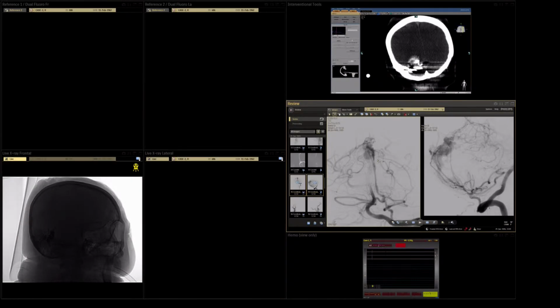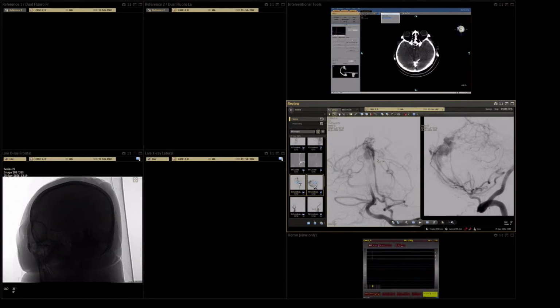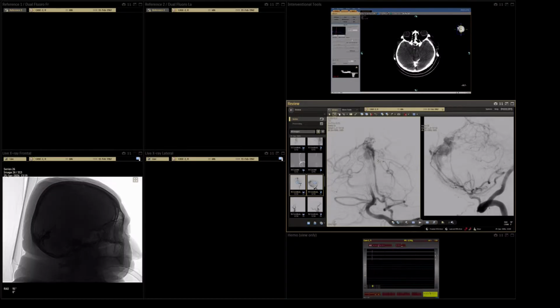Okay, now CT is coming. It's a 5-second acquisition. Let's see how it looks like. Today is the day of posterior fossa from the morning.